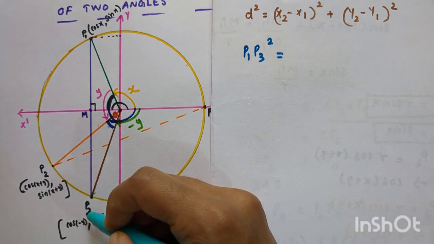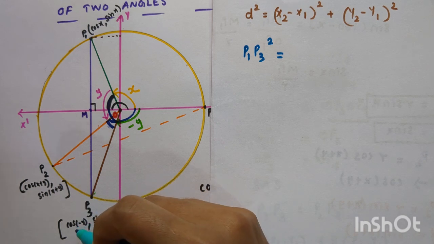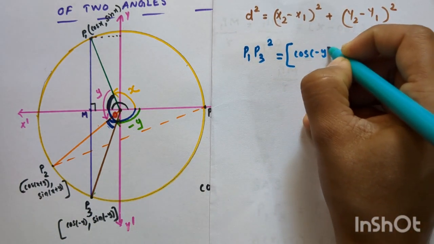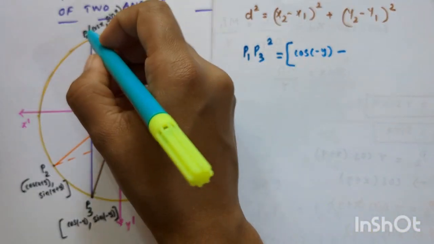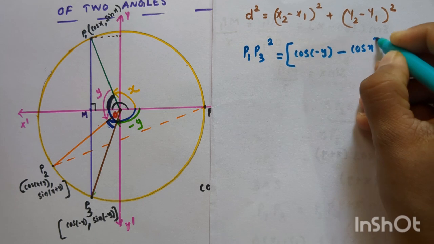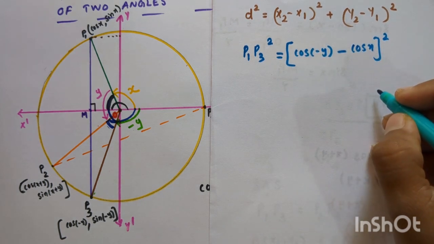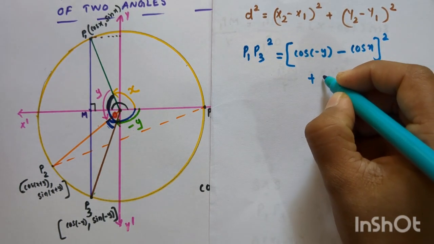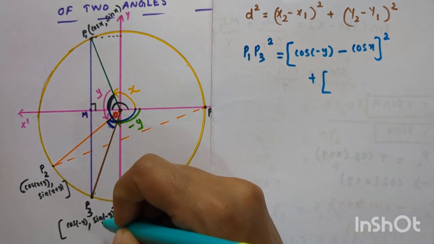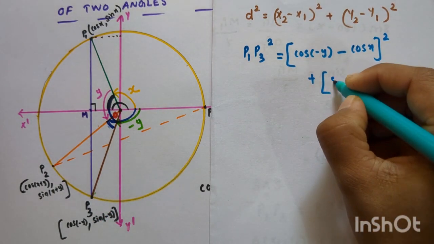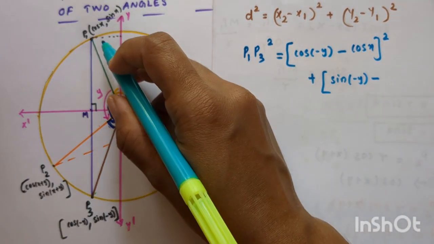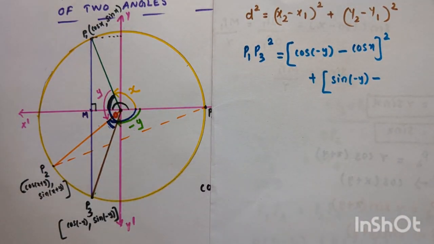The x coordinate of the second point is cos of minus y, minus x1, which is the x coordinate of the first point, cos x, whole square, plus y2 minus y1. y2 is the y coordinate of the second point, which is sine of minus y, minus y1, the y coordinate of the first point P1, which is sin x.